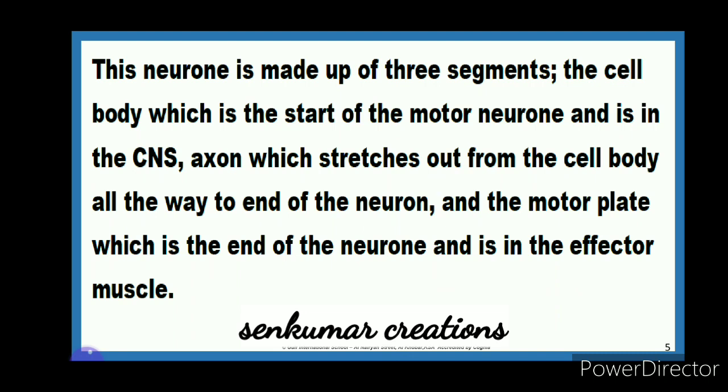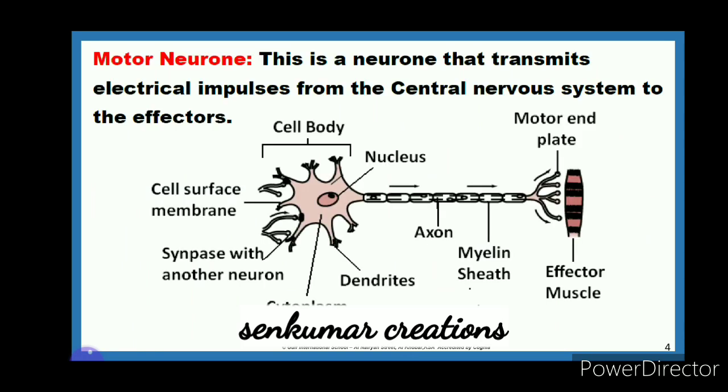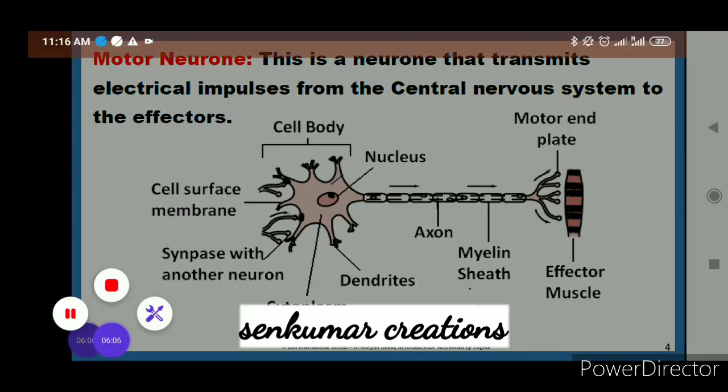So cell body, axon, motor end plate. The cell body connects with the brain, the axon is a long nerve-like, wire-like structure, and the motor end plate joins with the effector muscles. Okay, so once again I will show this picture. See this picture, the cell body is here. I will just mark and show you.